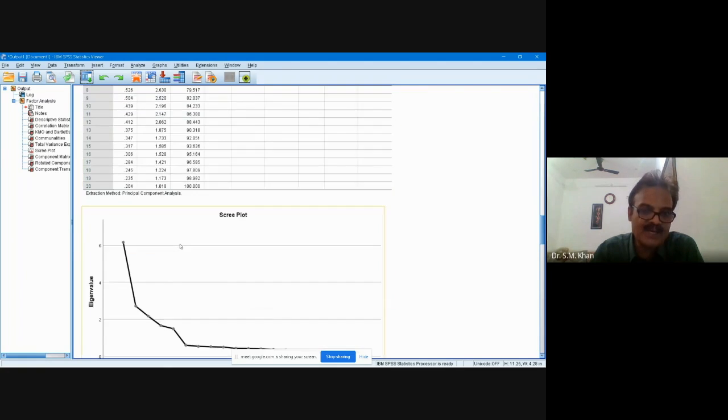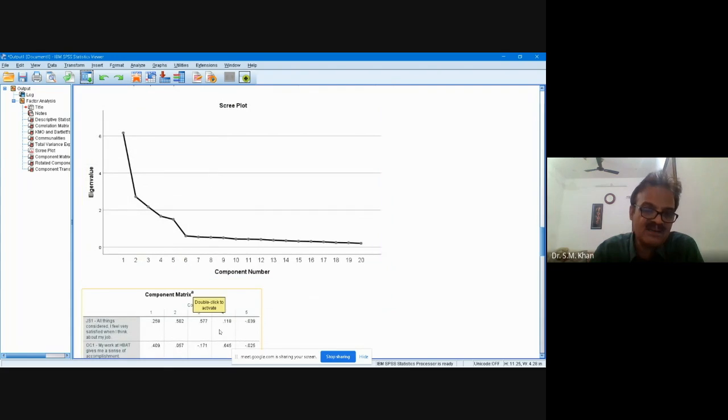And another point to select the factors in the analysis was the scree plot, the elbow, the slope. You are getting the slope from component number 6. See, elbow, जिस तरह से अपने हाथ को elbow करते हैं, इस तरह से, this is the point.